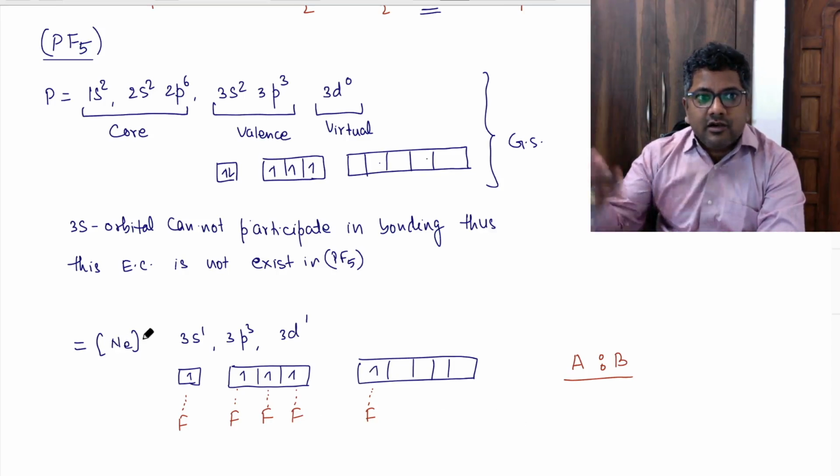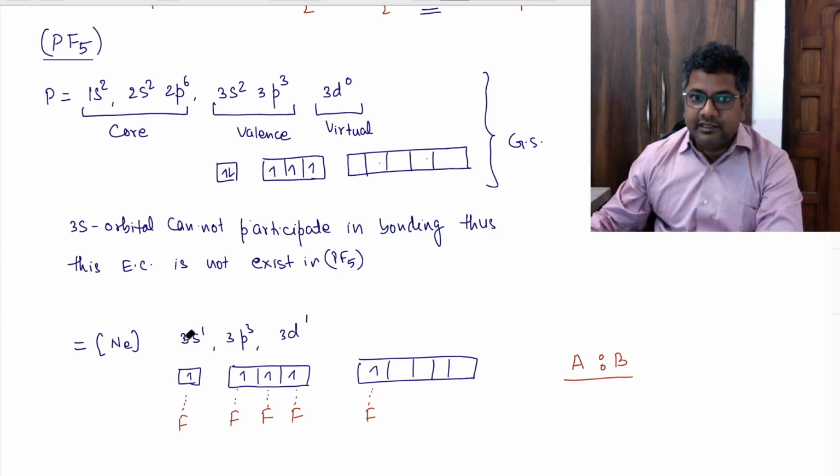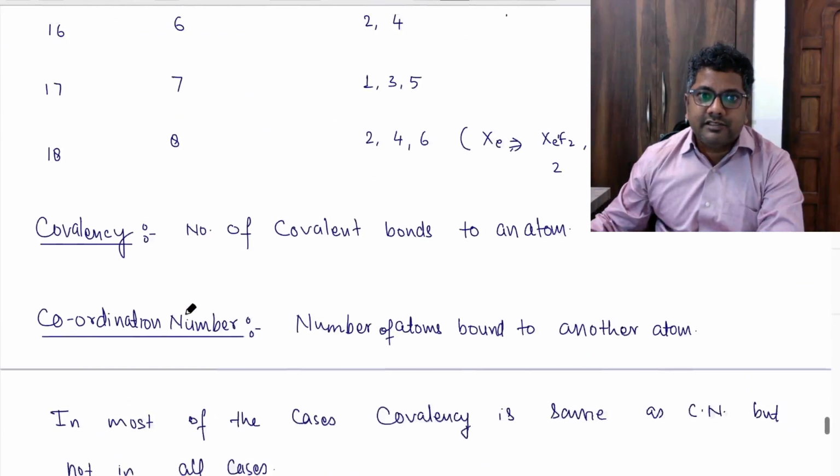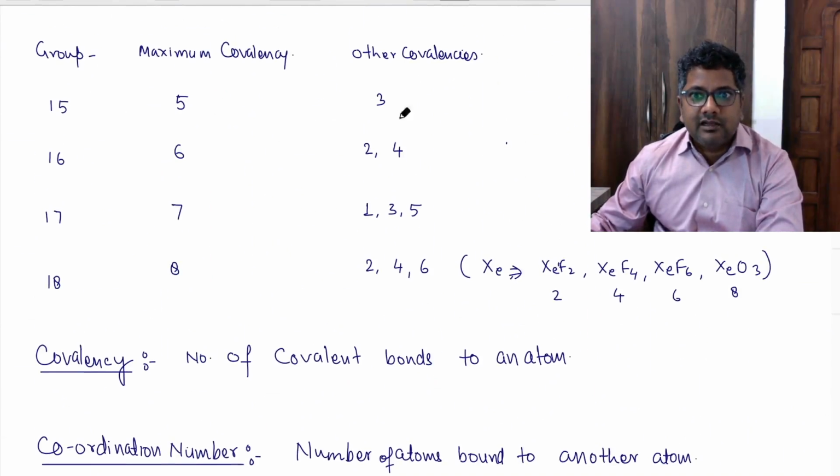Core electrons cannot be promoted to the valence shell, because core electrons do not participate in the bonding. Okay, so this is the maximum covalency. So what I have written here, see, maximum covalency of group 15 is 5, right? And normal other covalency is 3.